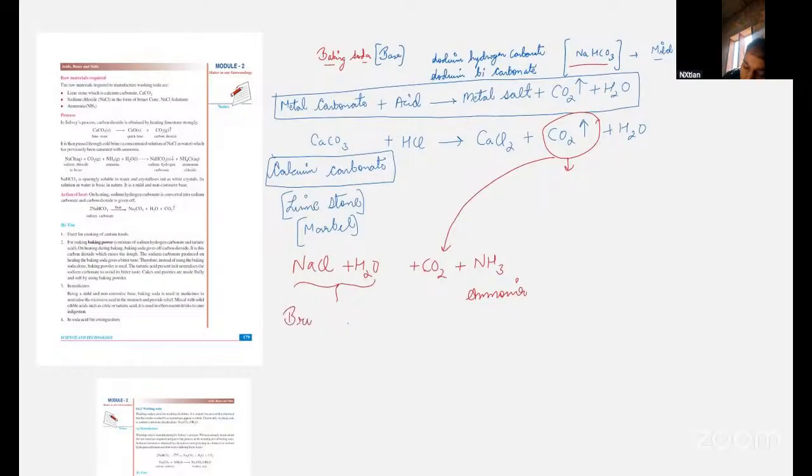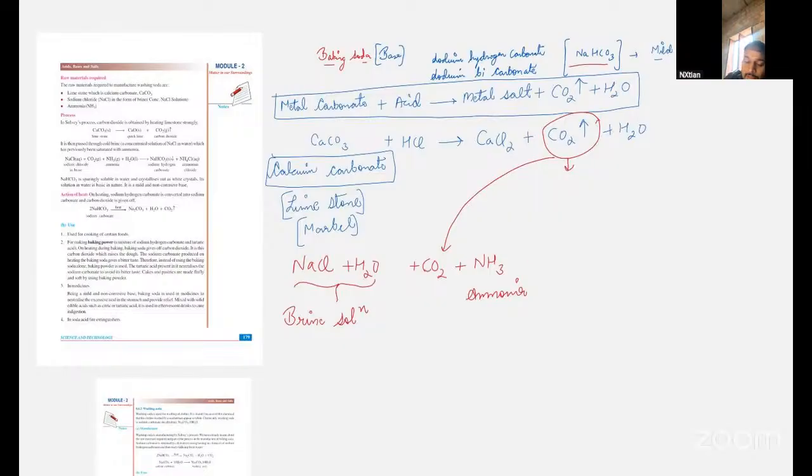Brine solution is nothing, just if you take a salt, like the namak you are eating at home, and dissolve it in water, then go and say to your mama, I made one product called brine solution. Namak plus water. Got it? So this is called brine solution. In the brine solution, we will use the carbon dioxide we got from the above reaction and ammonia.